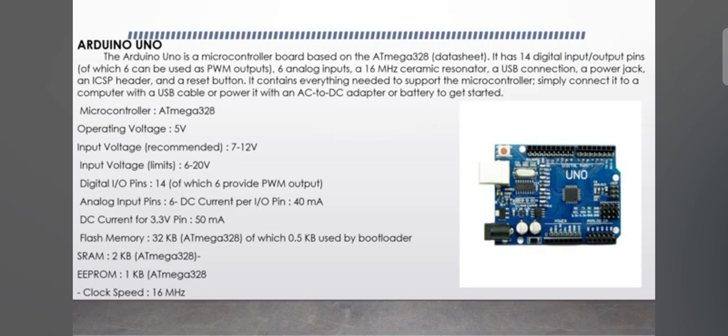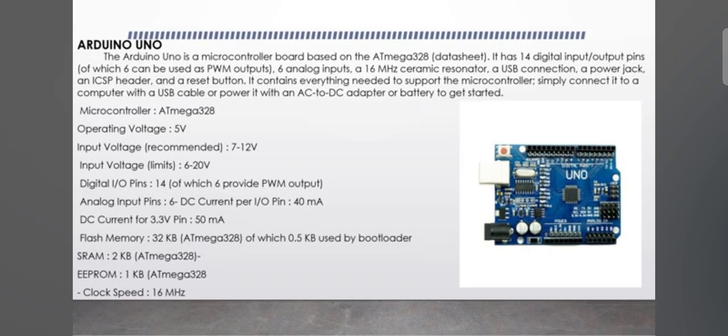It contains everything needed to support the microcontroller. Simply connect it to a computer with a USB cable or power it with an AC to DC adapter or battery to get started.